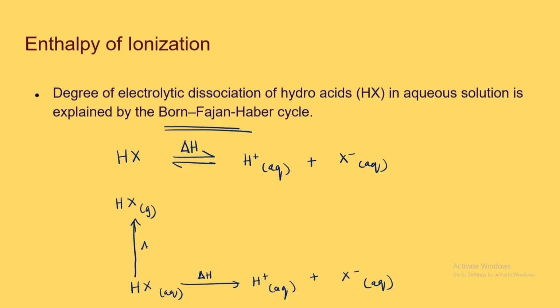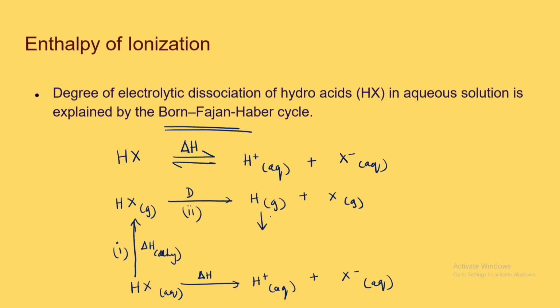So this is nothing but delta H, that is dehydration. Next, this HX on dissociation, right? It can give rise to hydrogen as well as halogen atoms, right? That is a dissociation. So first step is dehydration, second step will be dissociation.